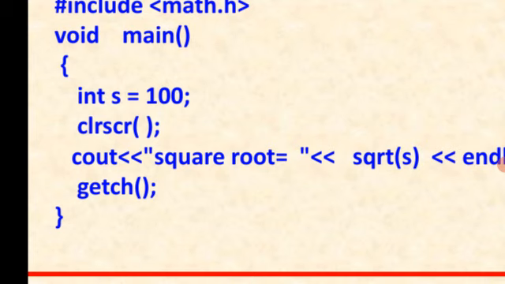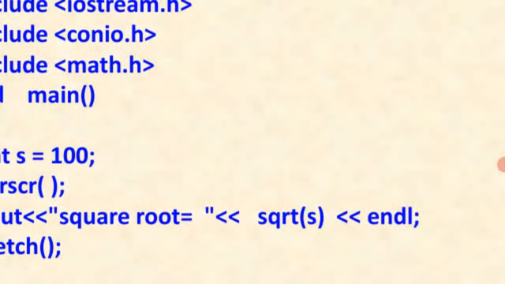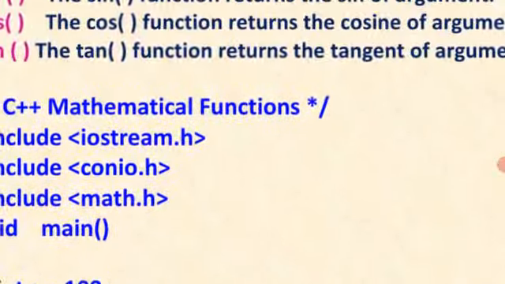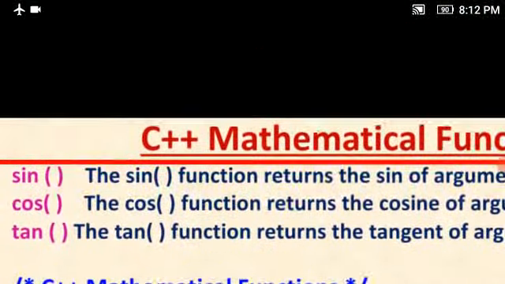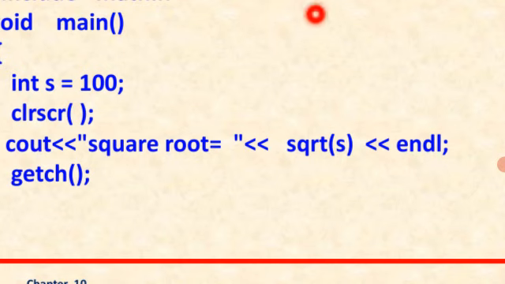In the cout, I am printing square root of s is equal to, and here I am taking the function sqrt. sqrt is the name of the function, and in the bracket is s. s is a variable which has the value 100.